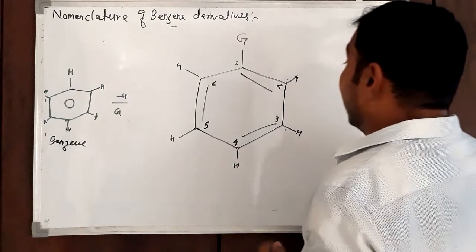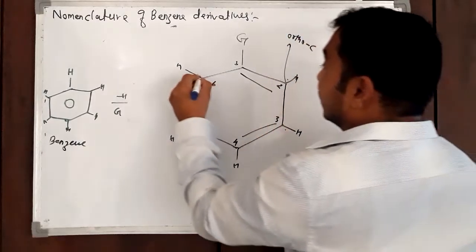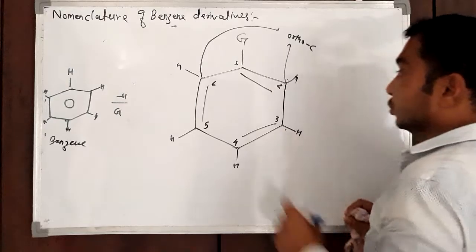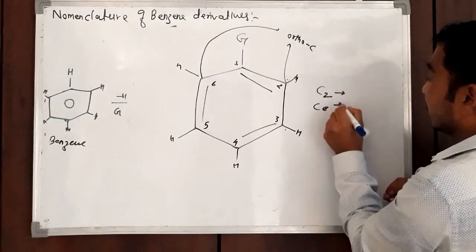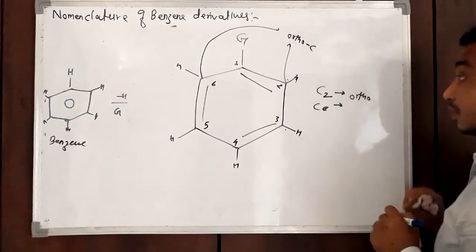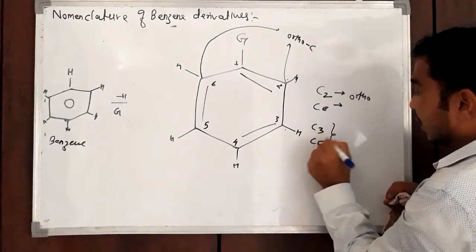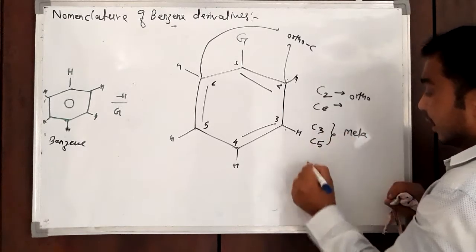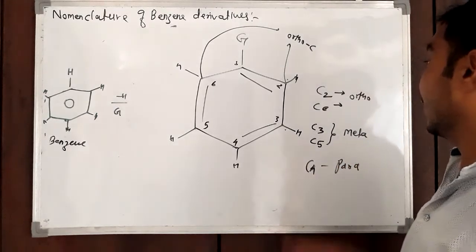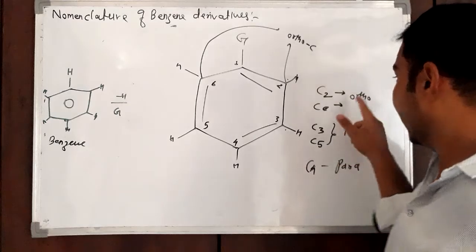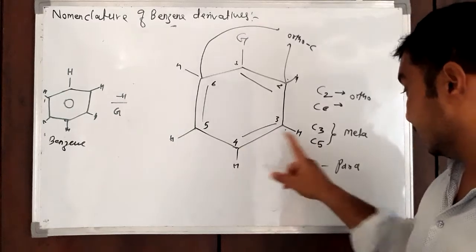Carbon number 2 and carbon number 6 are called ortho carbons. Then carbon number 3 and carbon number 5 are called meta, and carbon number 4 is called para carbon. These are the 3 types of carbon.